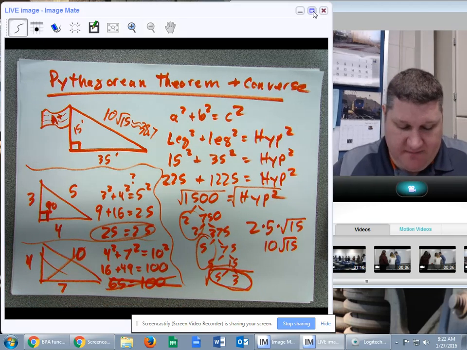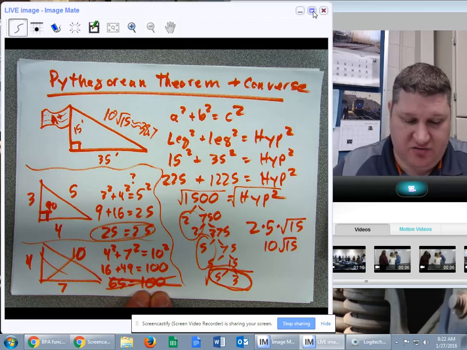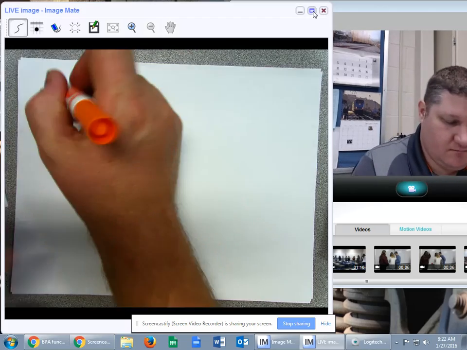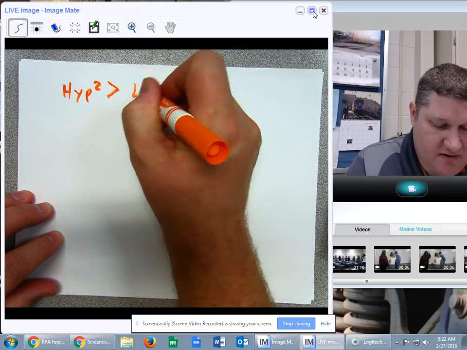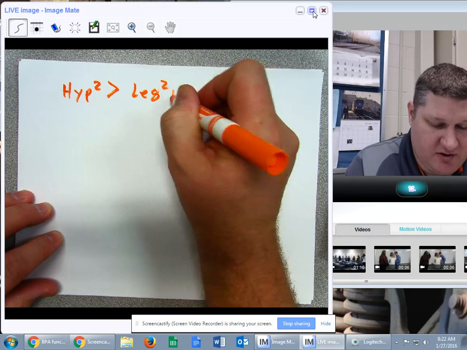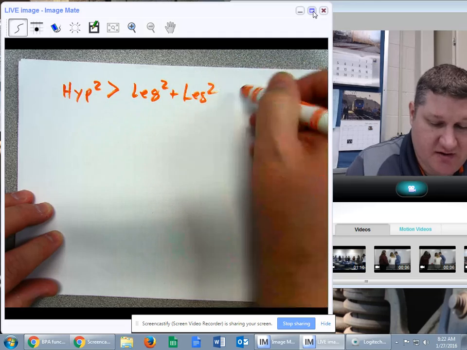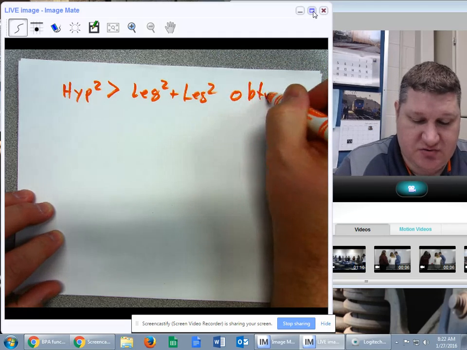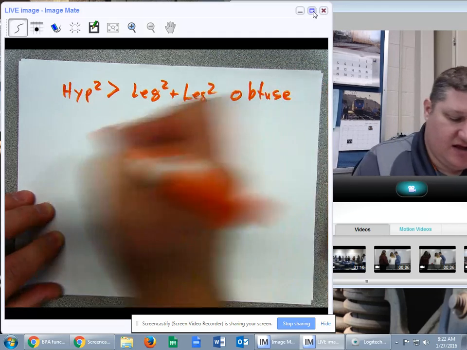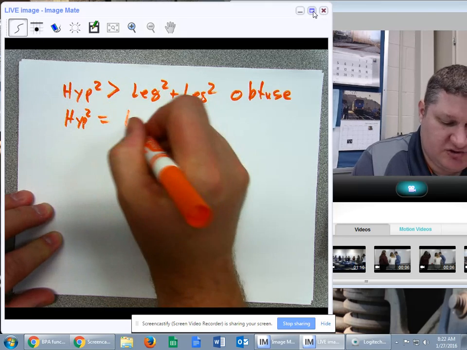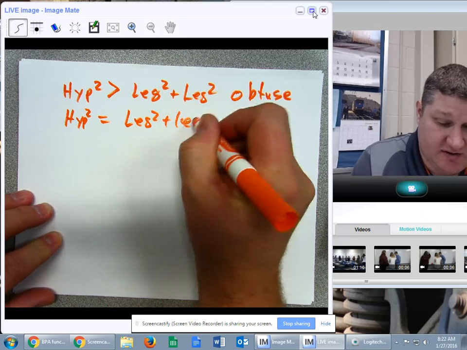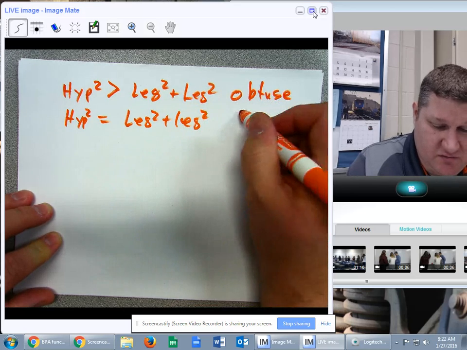Now, by the way, if the hypotenuse squared is greater than the legs squared plus legs squared, then the triangle is obtuse. If the hypotenuse squared equals the legs squared plus legs squared, it is right.